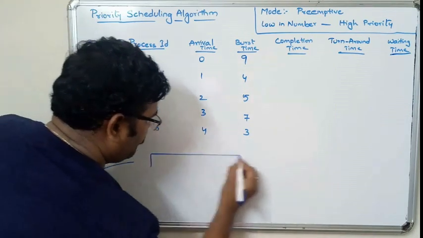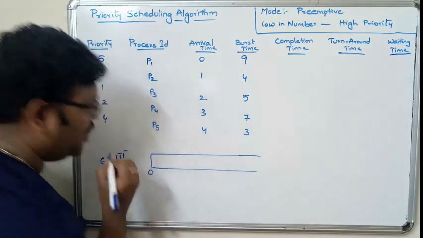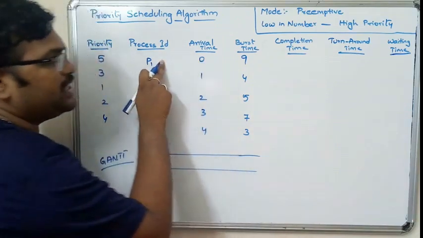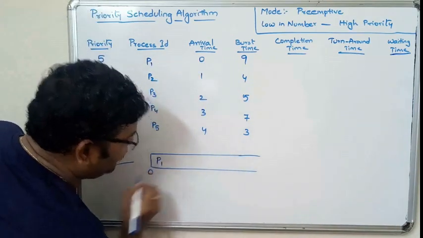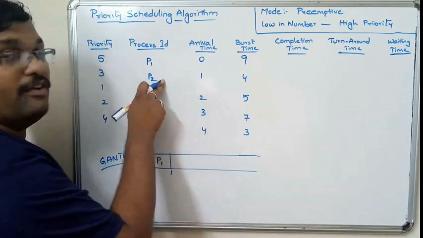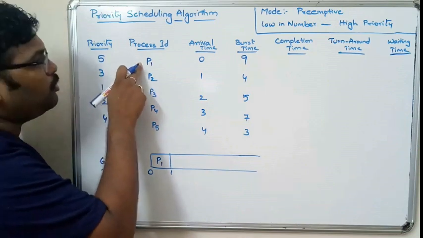Gantt chart. It always starts from 0. At arrival time 0, only one process is available, so P1 is allocated. At arrival time 1, another process is available, P2, which has higher priority than P1.